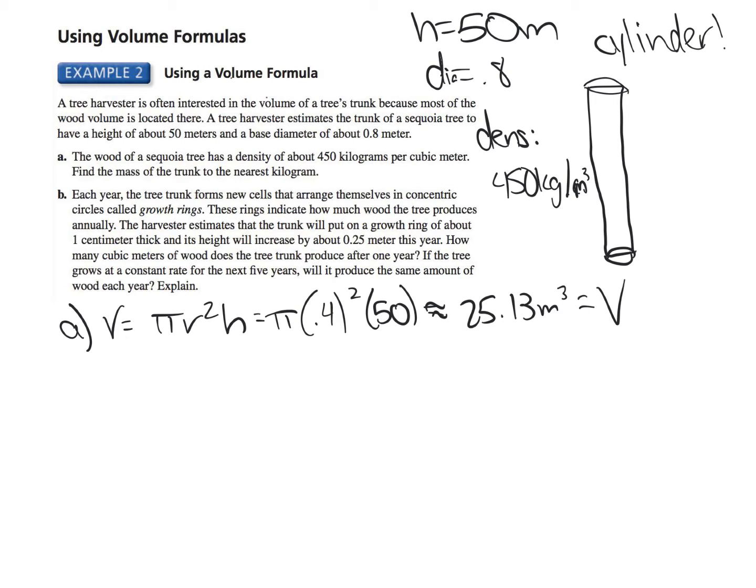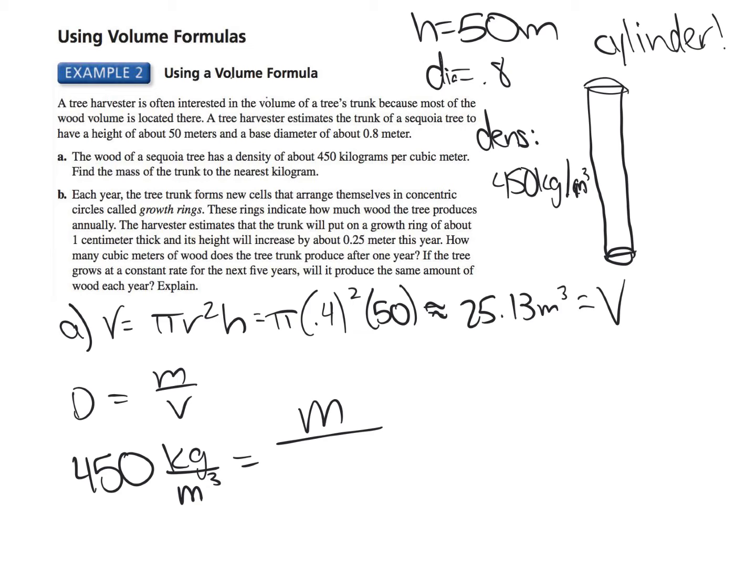We know the density, so if we look at density equals mass over volume, we can put those pieces in, cross multiply, and solve for the mass. So density is 450 kilograms per meters cubed, and that is equivalent to mass over 25.13 meters cubed.